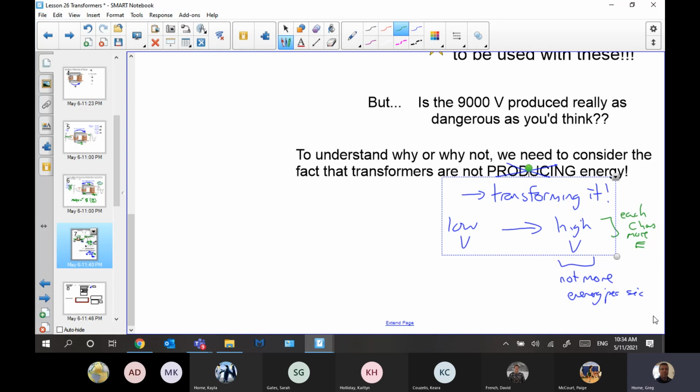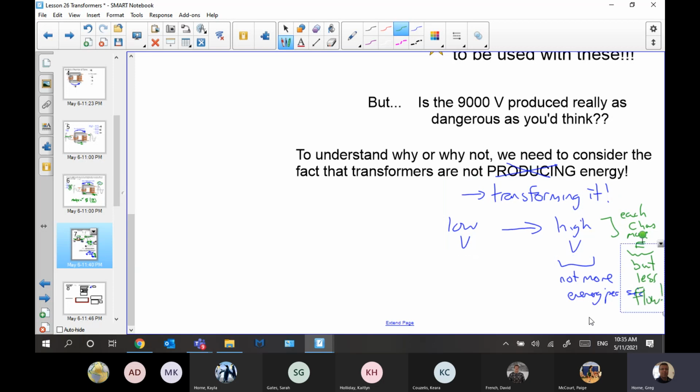If we have more energy per coulomb, but not more energy overall, I'm hoping you're leading to the conclusion that fewer coulombs would flow, right? So if we don't have more energy, we get less of them. Less flow.